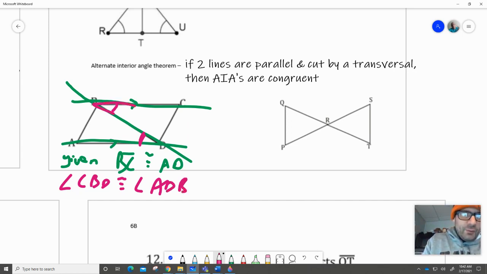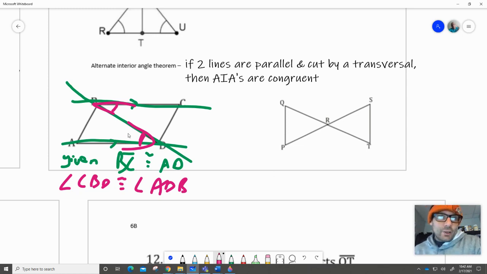So this angle is congruent to that angle because, again, they are alternate interior angles. They're in a triangle, but they're still alternate interior angles because those two sides being parallel, BC and AD, give that away. We can go back to, I believe it was the 4B notes that talk about that.